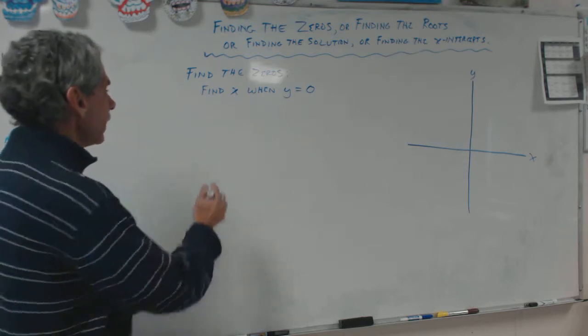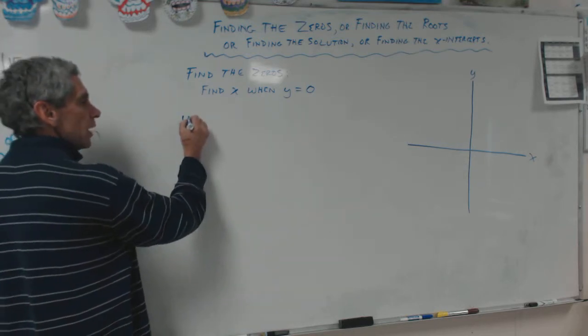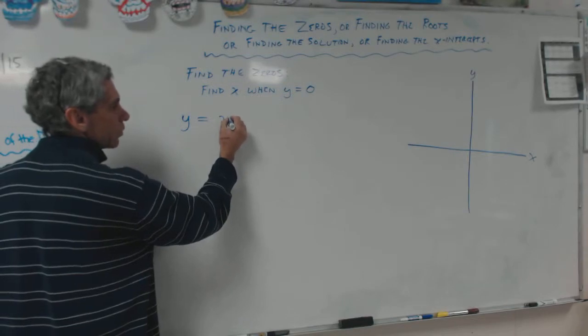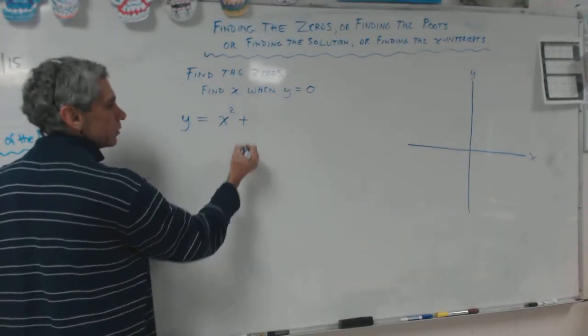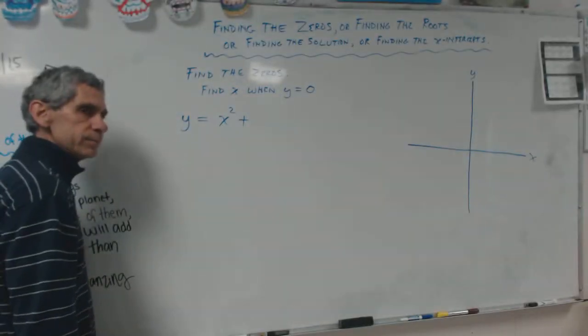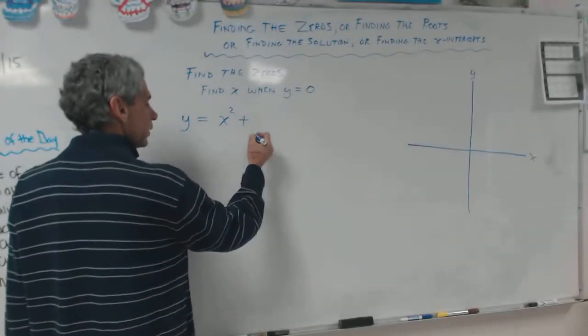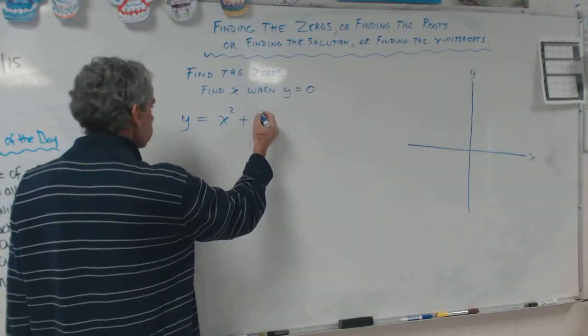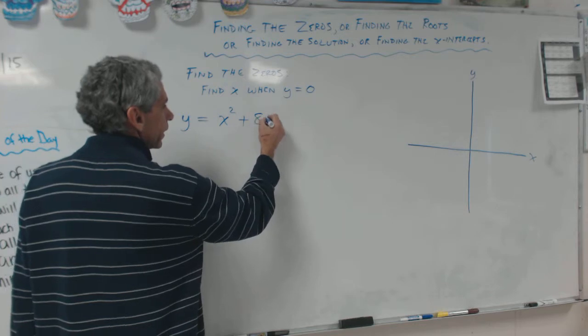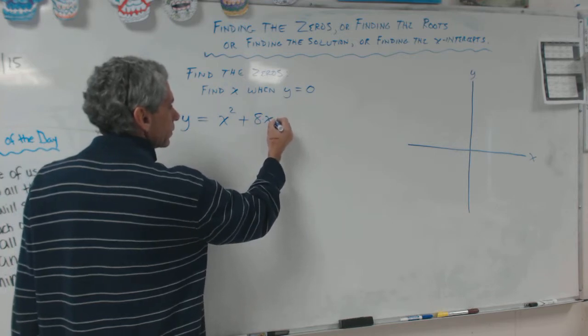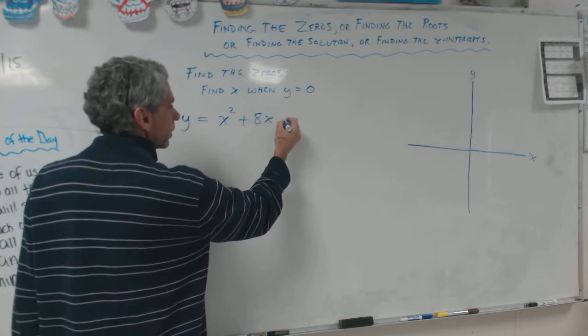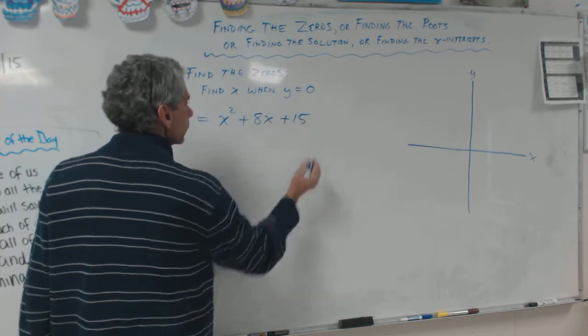So if I gave you an equation like this, y is equal to x squared plus 8x plus 15.